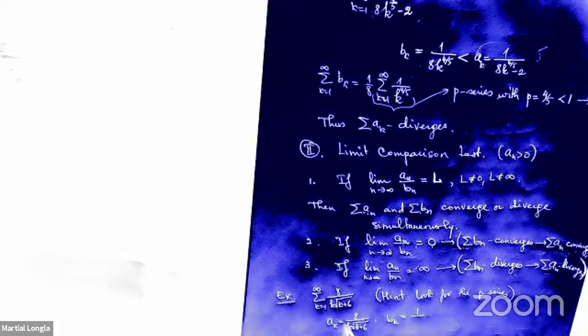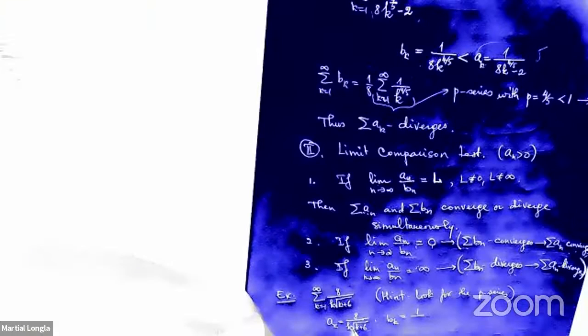What's the power of k here? What's the power of k in this function? That's what the p-series should be. It'd be 3 over 2 for this one.